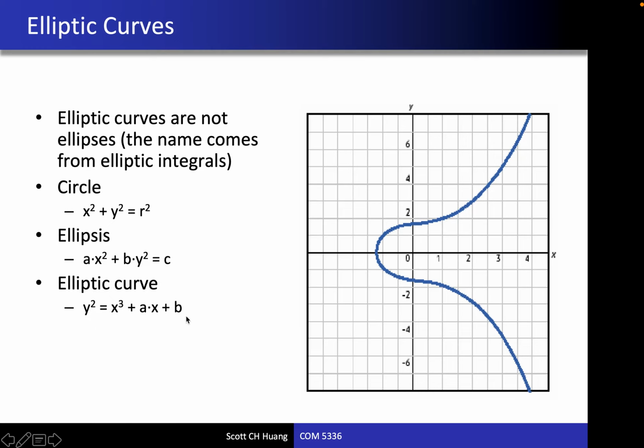But in this case, x, y, a, and b are all elements in a finite field. We can perform all operations. We can even solve equations like this: give me a and then give me x, we solve an equation. That also works in a finite field.